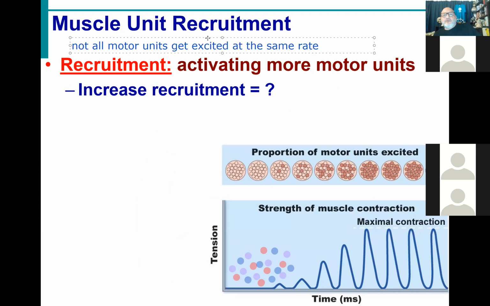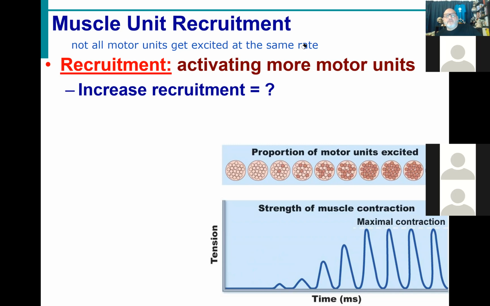This is important for a process called recruitment. Oh, I got to get rid of all of my dots. With recruitment, I'm adding more and more motor units together to be able to produce more and more force.